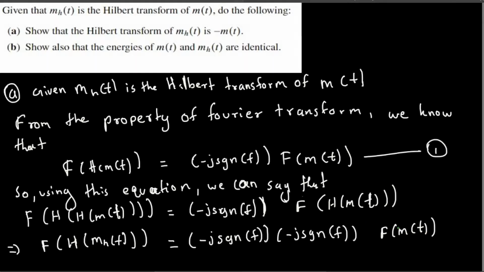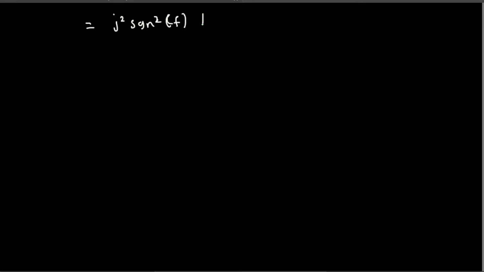When we multiply that, this is going to become J square sine square of F, and the other term is F of M of T. Now J square sine square of F is basically minus 1, so this is going to be just minus F of M of T. Okay, so that's what we derive.